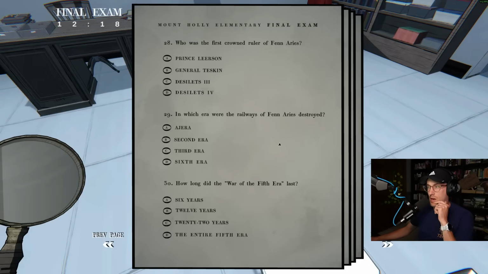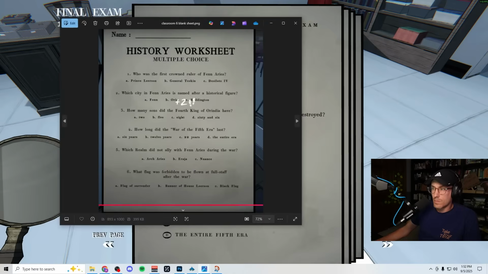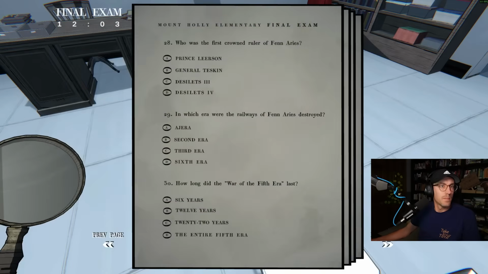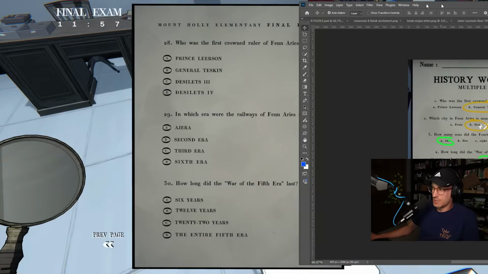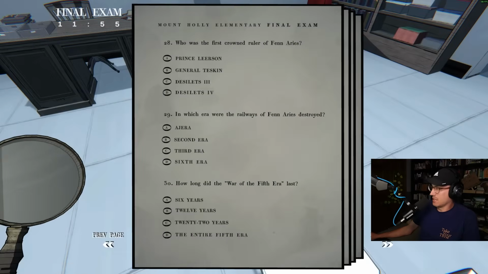Who is the first crowned ruler of Finn Ares? I did my homework on this one. Nope, that's not it. We're 80% sure that this is Teskin.